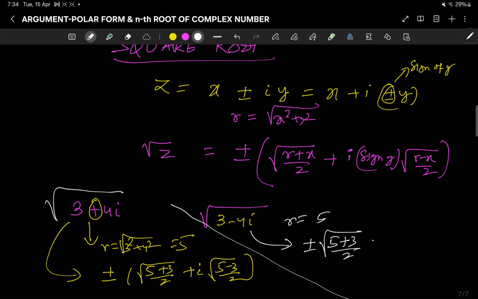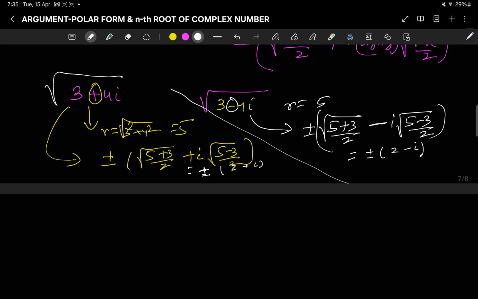It is minus, so I write minus i root over 5 minus 3 by 2. So what is the value then? It is 5 plus 3, 8 by 2, root over 4, 2. So I can write it as 2 plus i and minus 2 minus i. And here what can I root? 2 minus i and minus 2 plus i. So these are the roots.